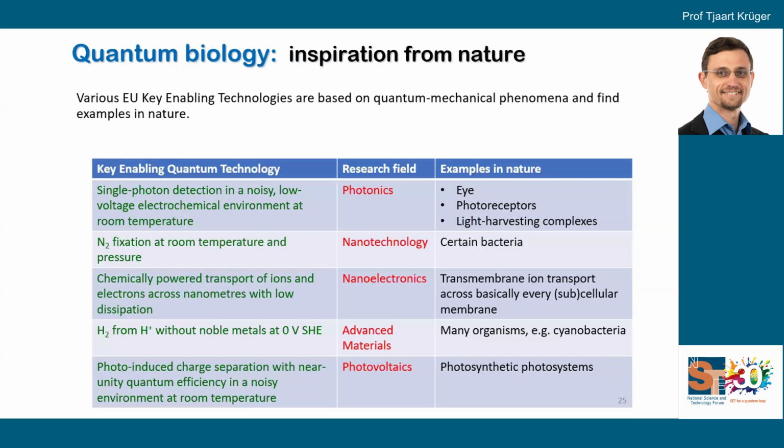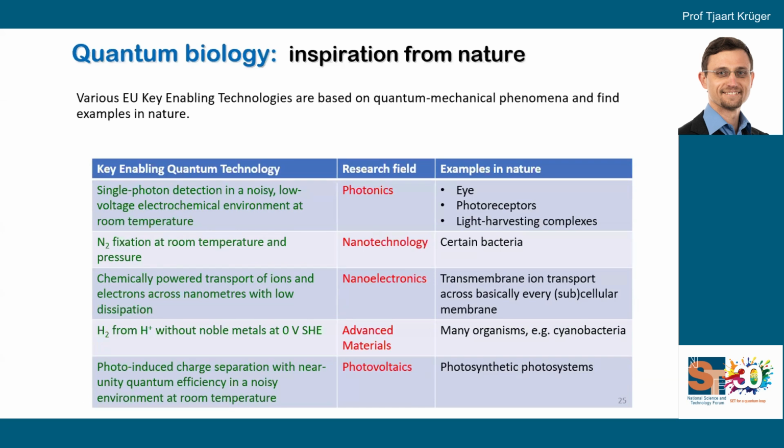Just a last couple of things I would like to say. I would like to broaden what we can learn from photosynthetic systems, not only to the application of solar energy, but also more broadly when we think about quantum technologies, because it's very interesting that many of the key enabling technologies that the EU is seeking to develop are based on quantum mechanical phenomena, and they find examples in nature.